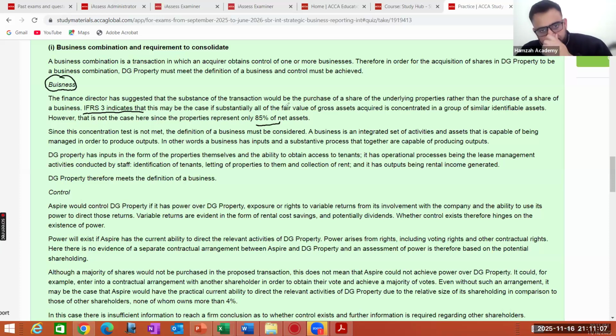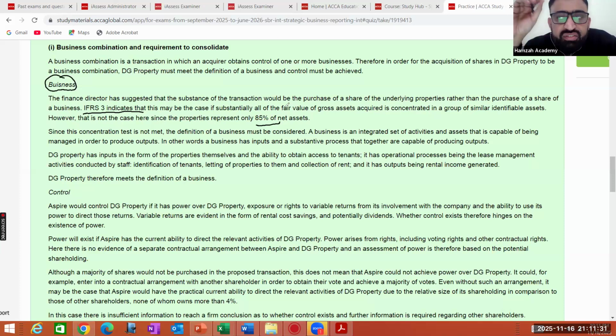Okay, first of all, a business is a set of integrated activities which has input, processes, and outputs, and you manage those activities in order to generate a return. Now, that is the definition of a business. But there is another test to identify the business, and that test is known as the screening test.